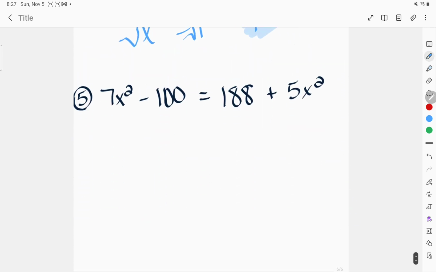Okay, moving on to number 5, and this will be the last one that we do. You should be able to do the rest of them on your own. All right, so I'm going to move my variable to the left side, and I'm going to move all the other stuff to the right side. So I have negative 5x. I'm going to add 100.